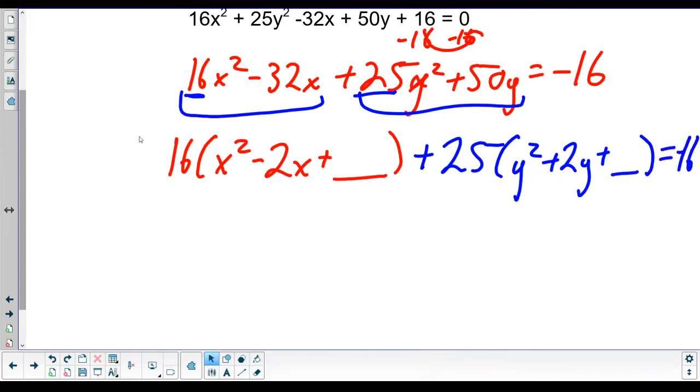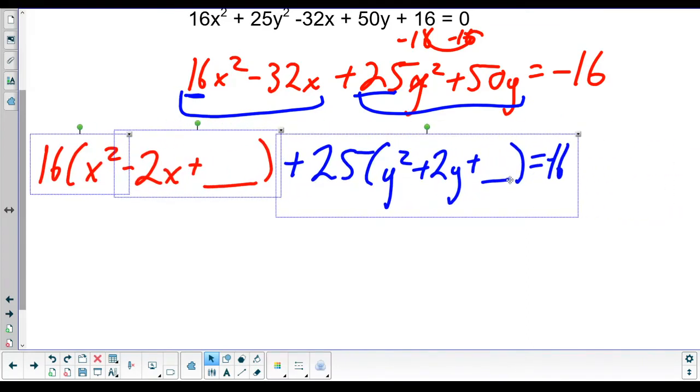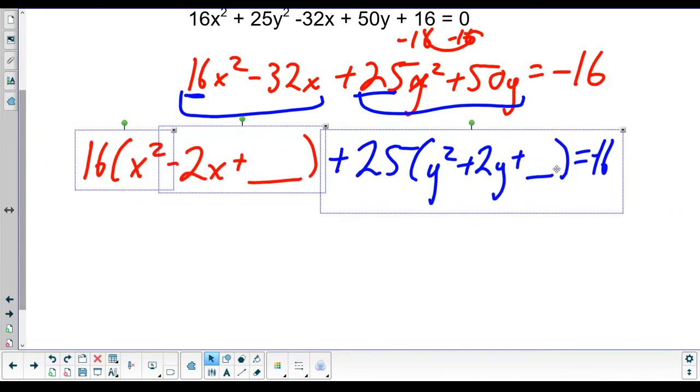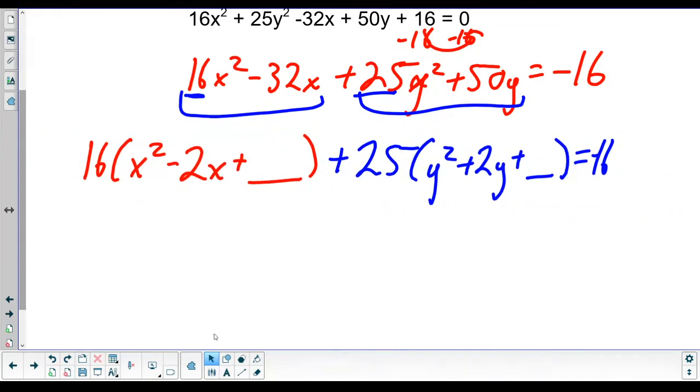Let me scoot this over so we can see a little bit better. There we go. So it's not quite so smushed. All right. So let's complete the square on this, and then we'll come back and fill in these blanks, because you kind of have to do the factoring first to know what goes here, but we'll live. So bring down your 16 so you don't forget it.